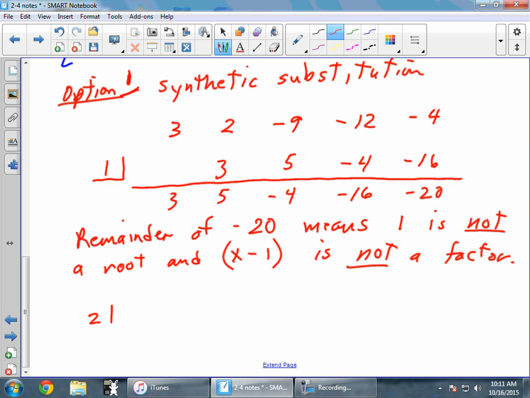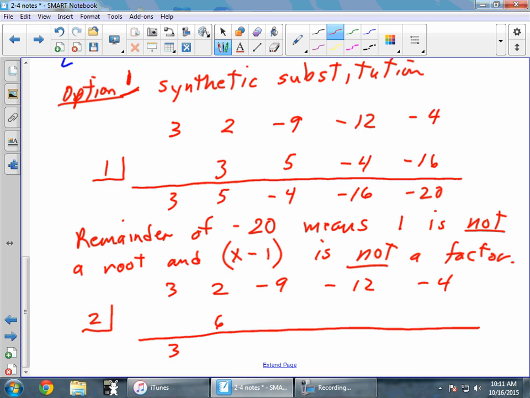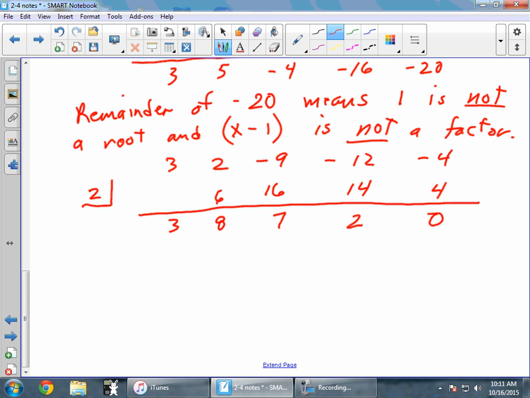Pick another one. 2. Okay? 2 over 1. So then we can say 3, 2, negative 9, negative 12, and negative 4. Bring down our 3. 6. Add them. 8. 16. 7. 14. 2. What's next? 4, 0. Ooh, good guess, Calvin.